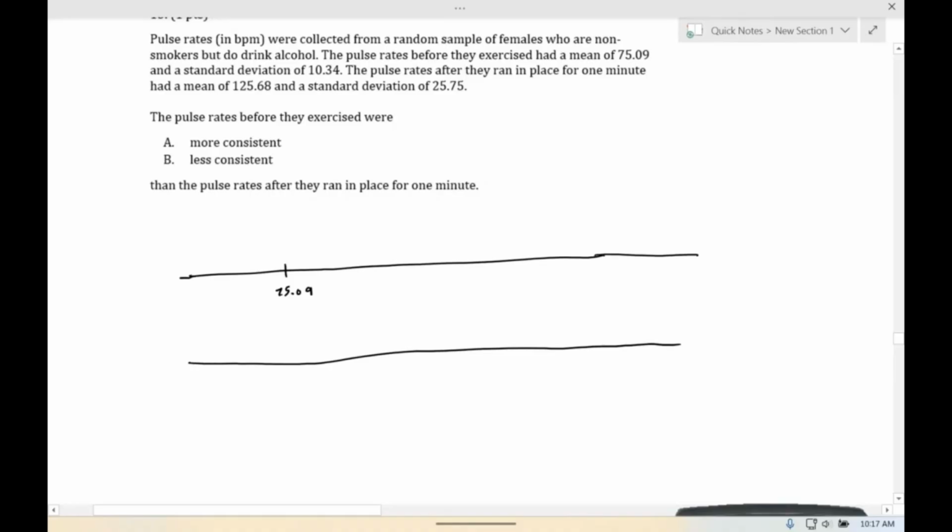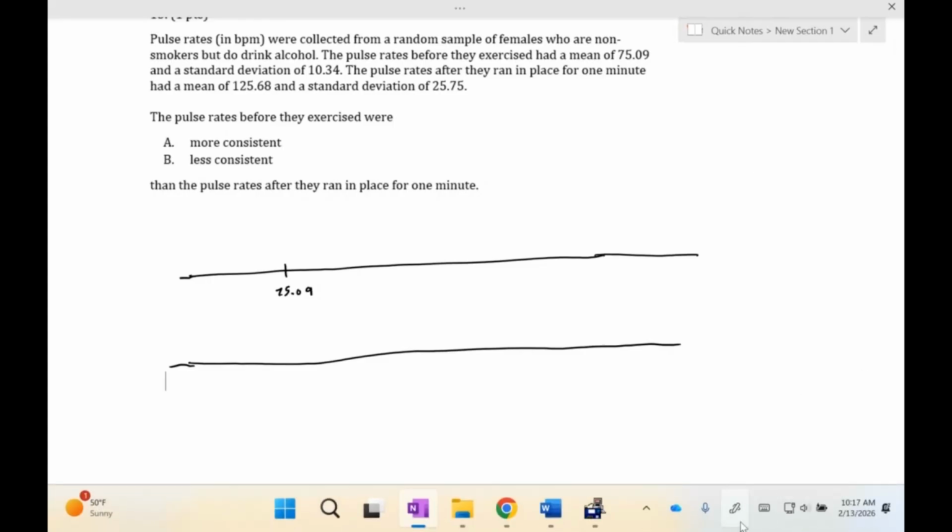So I'm going to guesstimate that at about 75.09. And it said that they had a standard deviation of 10.3.